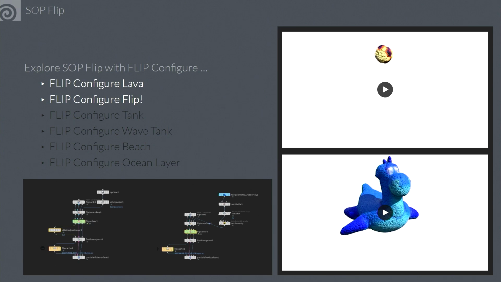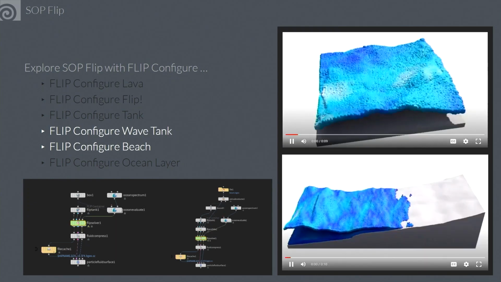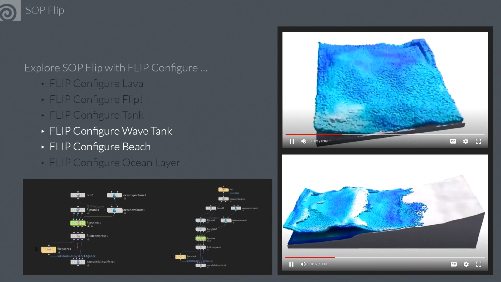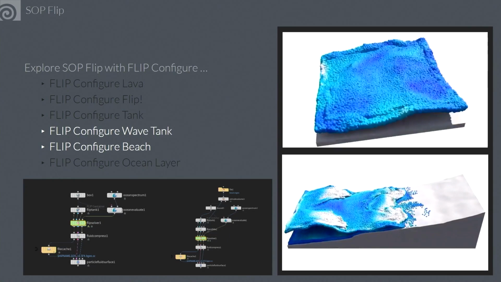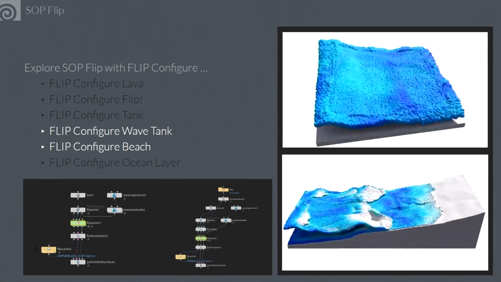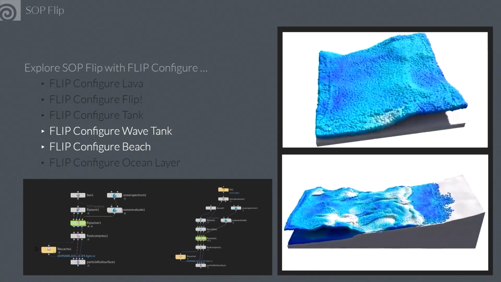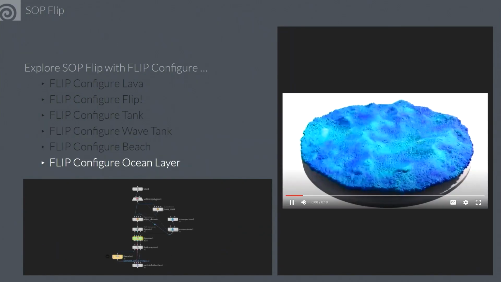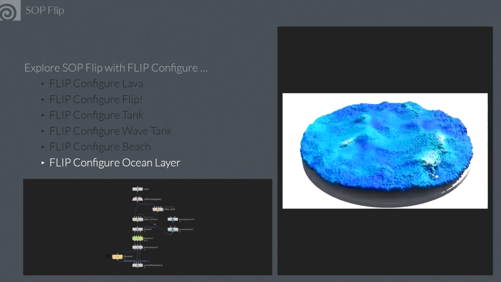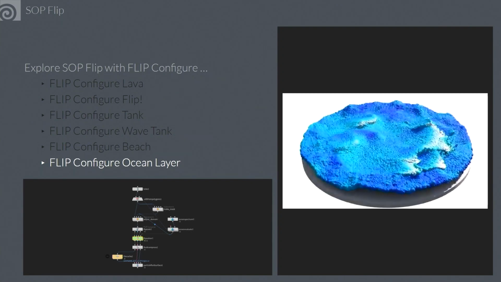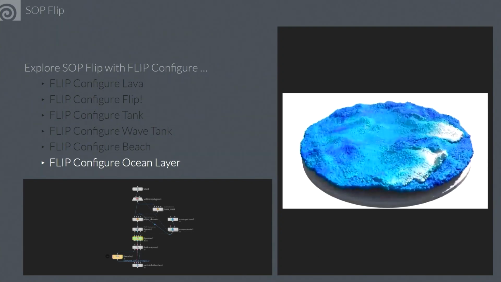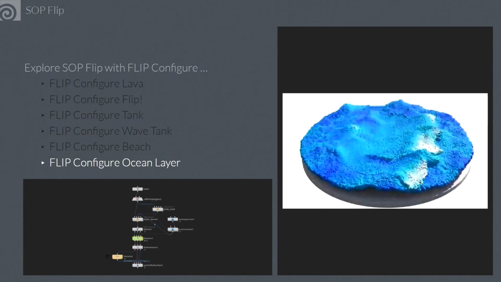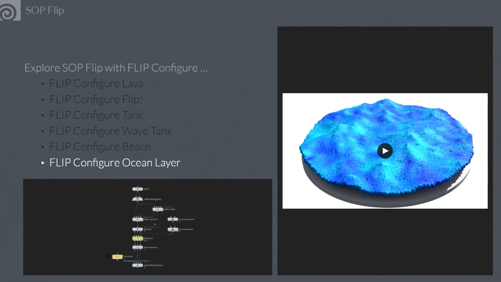Similar to the shelf tools, we have ocean tools, so you can easily create a tank with waves or a beach simulation. Probably the most complicated setup, similar to the guided ocean layer shelf tool, is the configure ocean layer, which creates a thin layer of FLIP simulation around the FFT ocean.